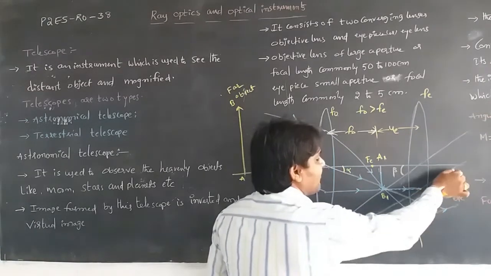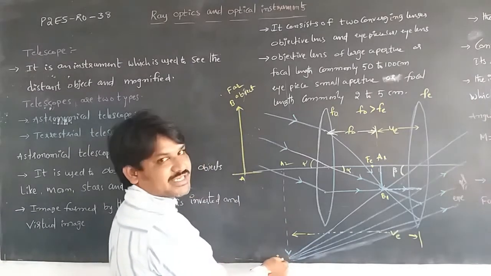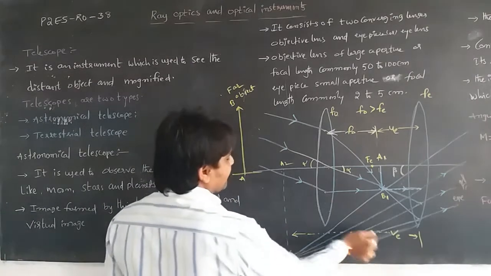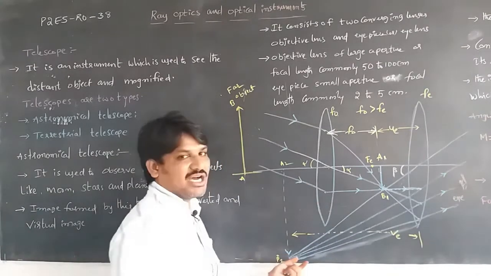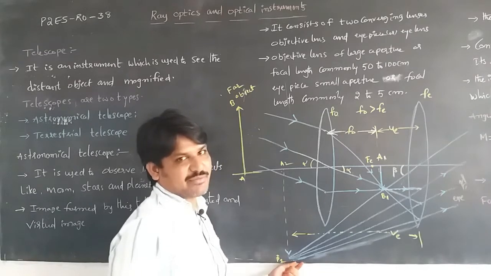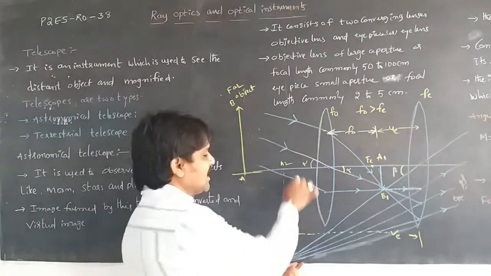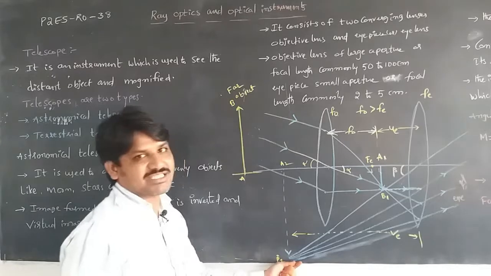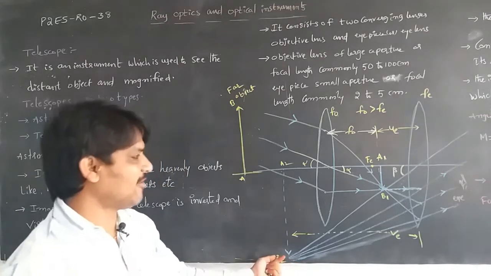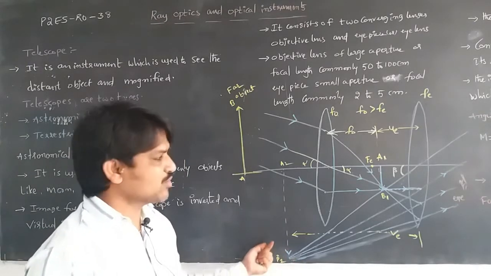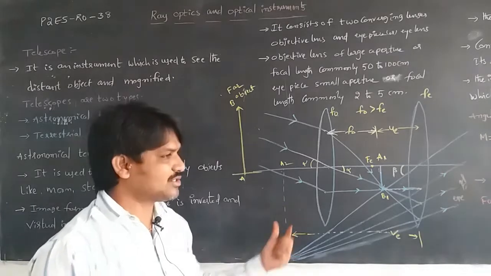It then forms a virtual image A2 B2 at a far distance VE. This final image is inverted, formed at a distant position. So this is about the astronomical telescope.